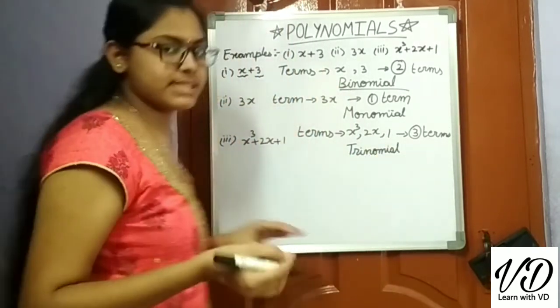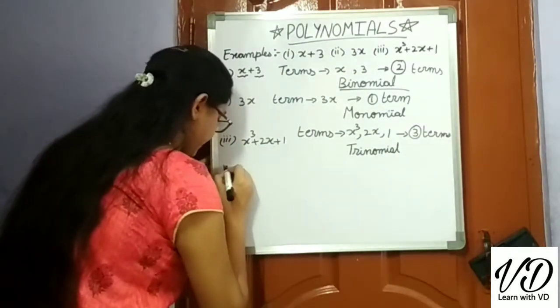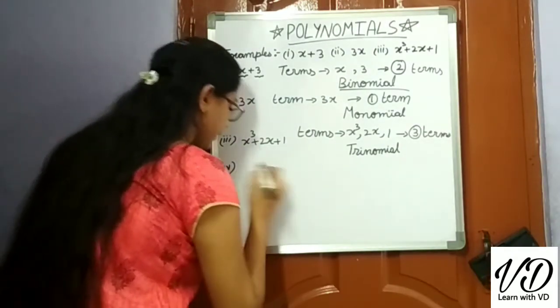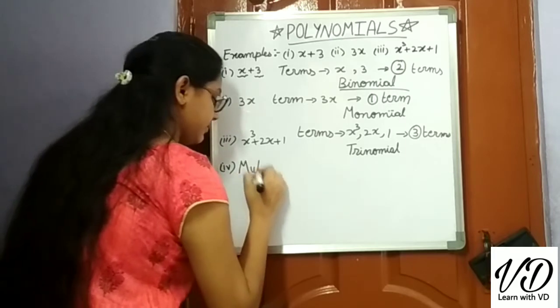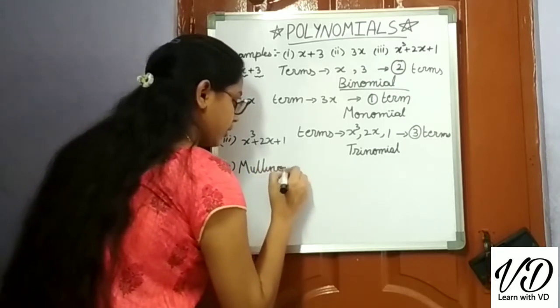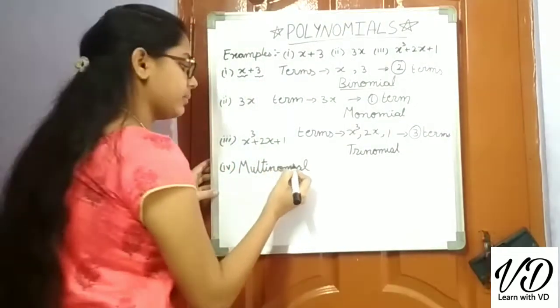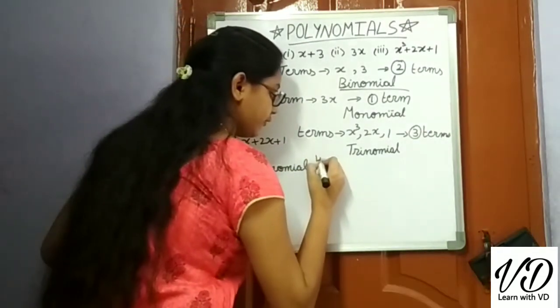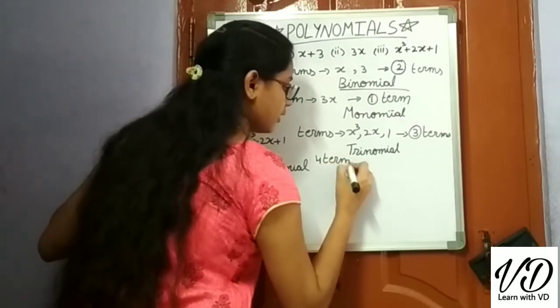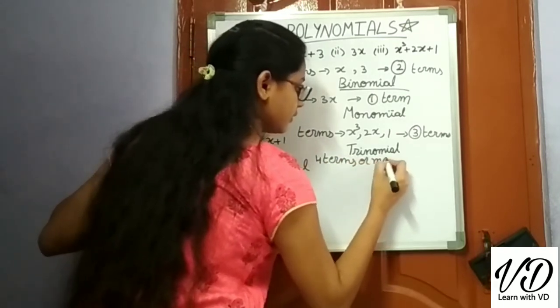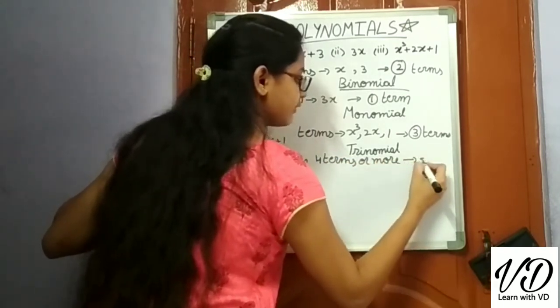Let's also take an example for multinomial. For a multinomial we need to write four terms or more. So let's write 5 terms here.